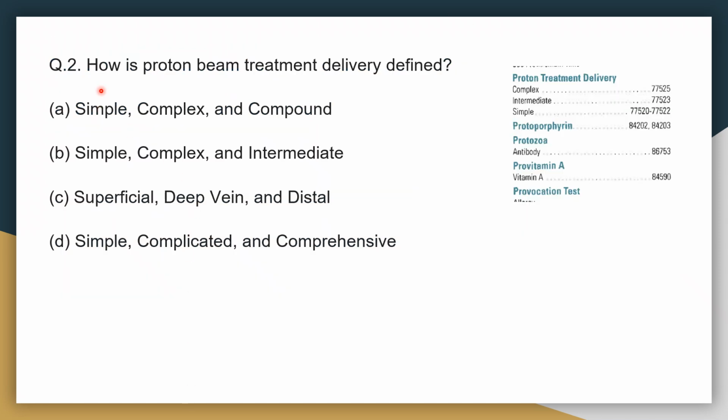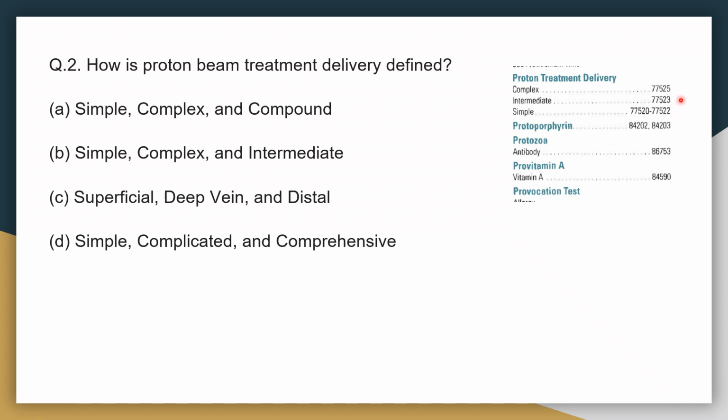Now, this is a favorite question that has been asked repeatedly under the CPT guidelines section. How is the proton beam treatment delivery defined? Many a time, how do you approach the answer to this question? You pick up what has been done here, the proton beam treatment, go to the index and look for the words proton treatment delivery, and here it is written complex, intermediate, simple.